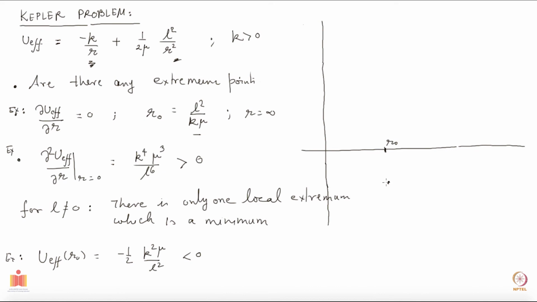So I should have something like this. The slope should be 0 here. It should go to 0. Not looking very nice, let me do it again. Okay, looks better.